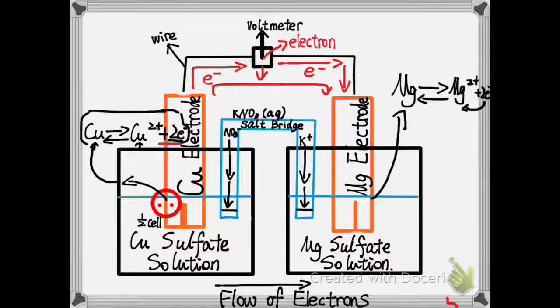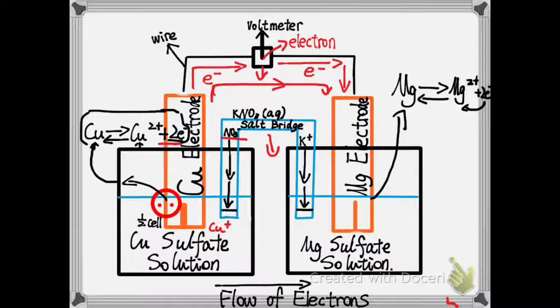The reason why there is a salt bridge is because when the negative electrons flow this way, there is too much copper solution, and it needs to balance. So, as we see, the NO3 minus is a minus.